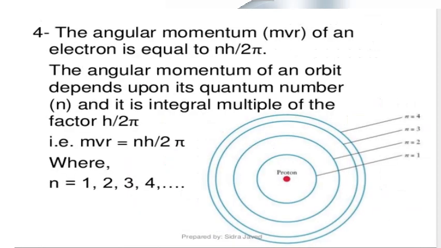Now the last postulate is here, the angular momentum, that is the product of mass, velocity and radius, right?